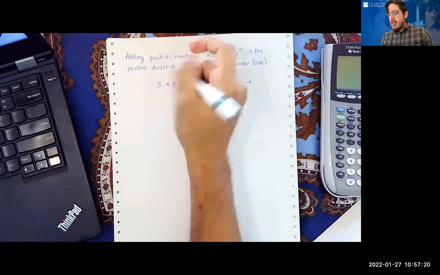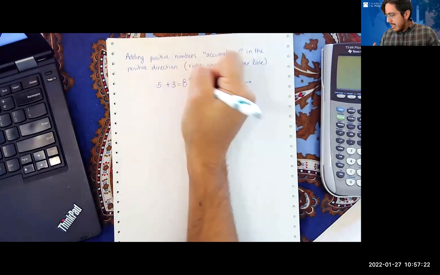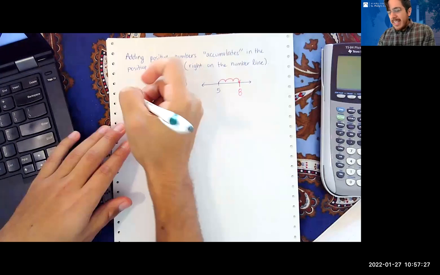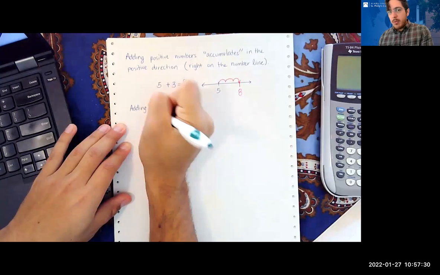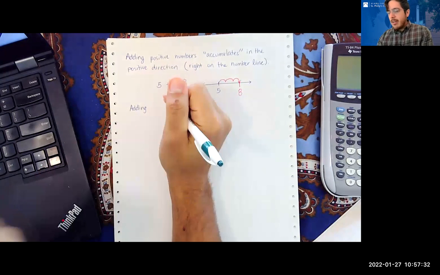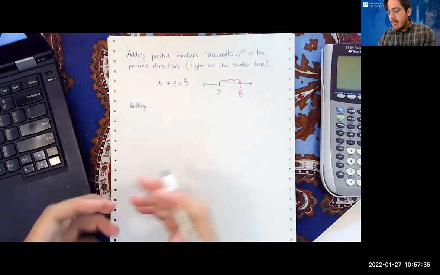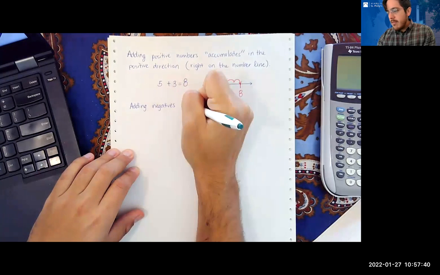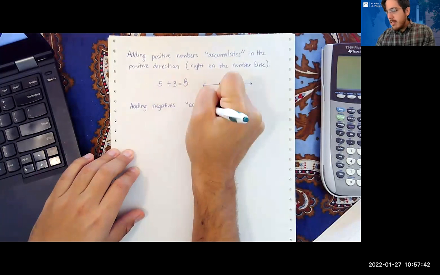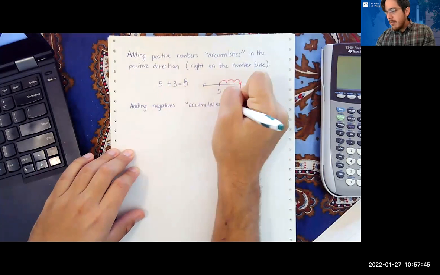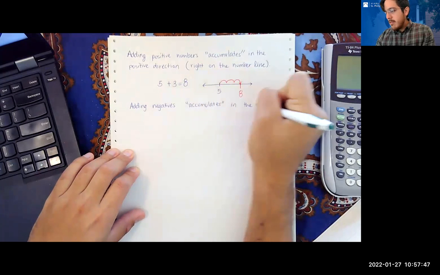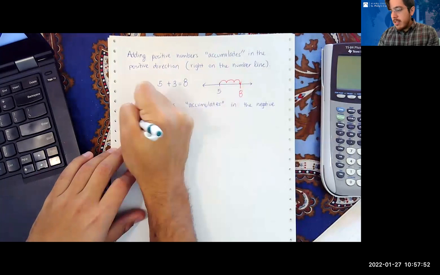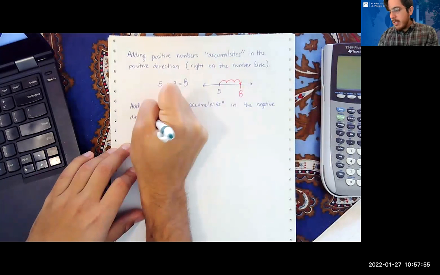But adding numbers that are negative, you can think about it like we're taking away or subtracting, or you could think about adding negatives as accumulating in the negative direction, so the left on the number line.